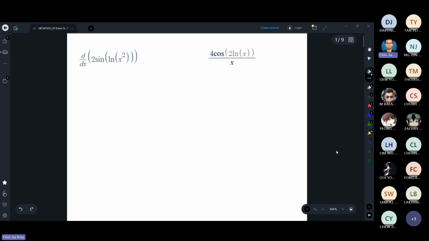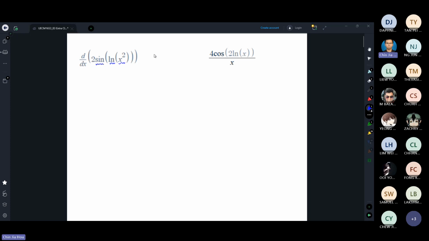Okay, let's begin with differentiation. In order to differentiate this, you can see that this function looks quite complicated in the sense that it has a lot of functions inside a function. We have sine, and inside the sine we have ln, but inside the ln is not only ln x, but ln of x squared.